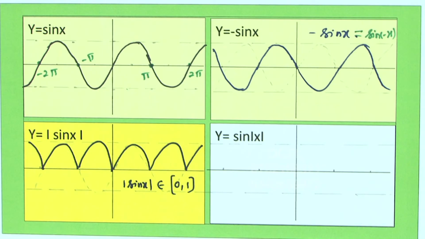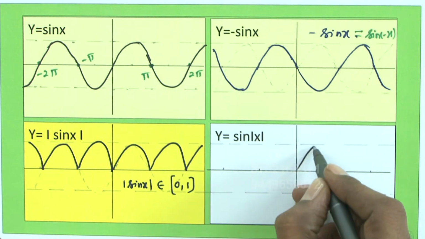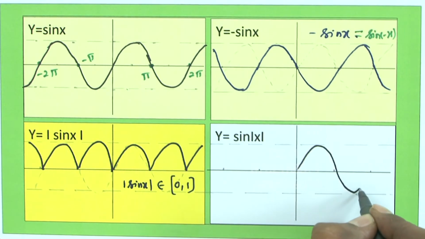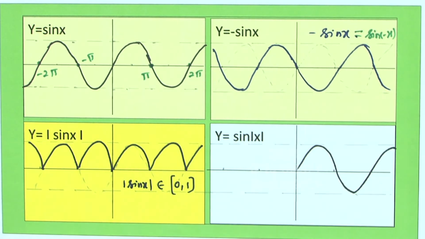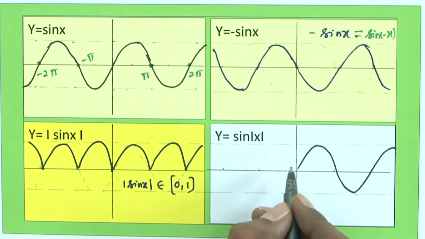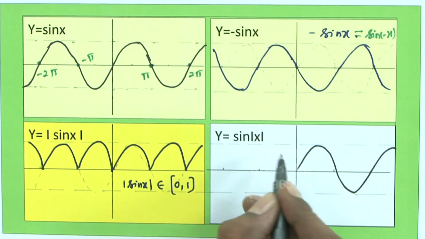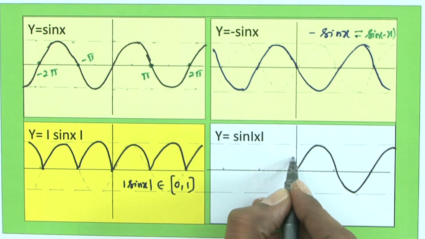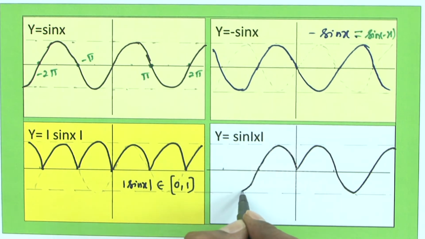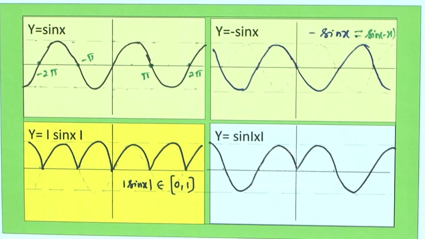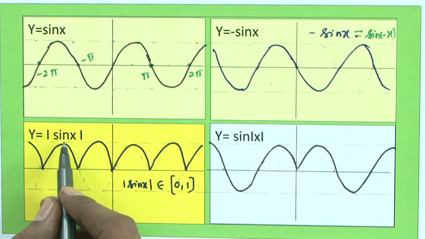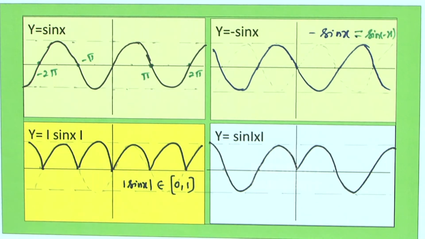That means to say, if you consider this is sin x you have towards the right side of the y-axis, sin mod x is a graph which is a replica of this. See, dear students, this is sin mod x. I hope, dear students, you have understood the difference between mod sin x and sin mod x.